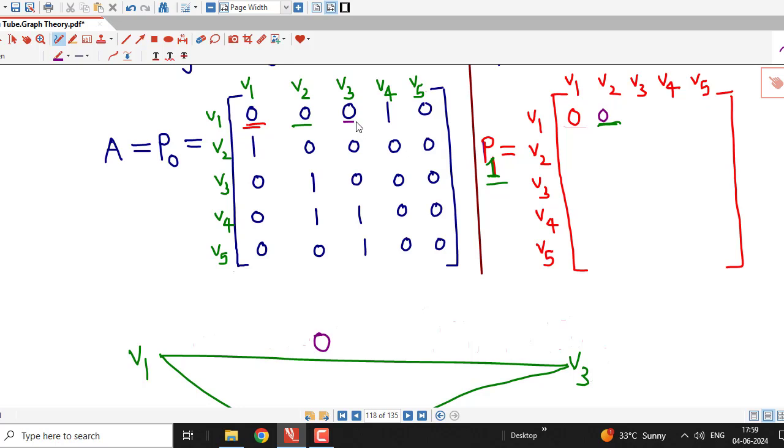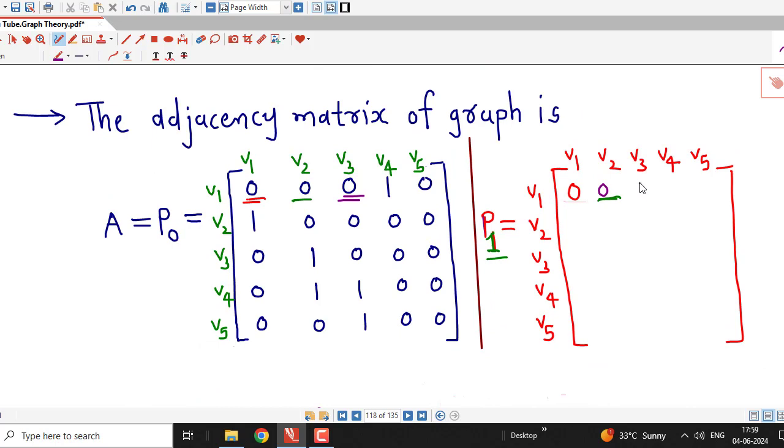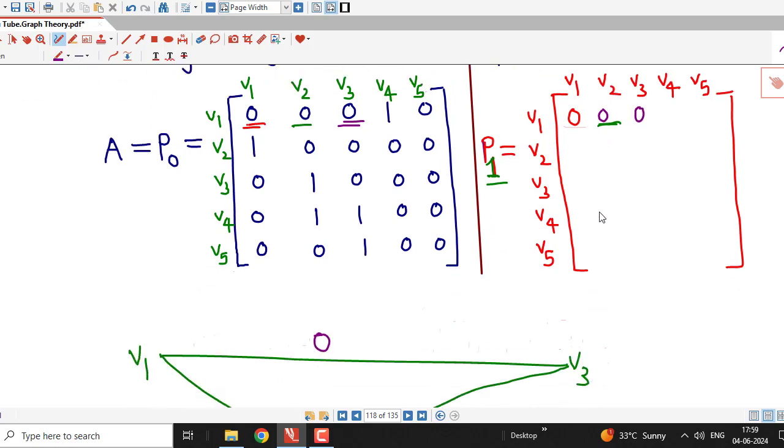Okay, that I write from this. From V1 to V3 I have 0. And here also I have V1 to V3. So this is 0. So you can see I have to take AND operation on these two, that will give me 0, and that I will operate with this 0, OR 0 and 0. Okay, let me write again. So this is 0 OR 0, that is 0. So that I am writing here 0.